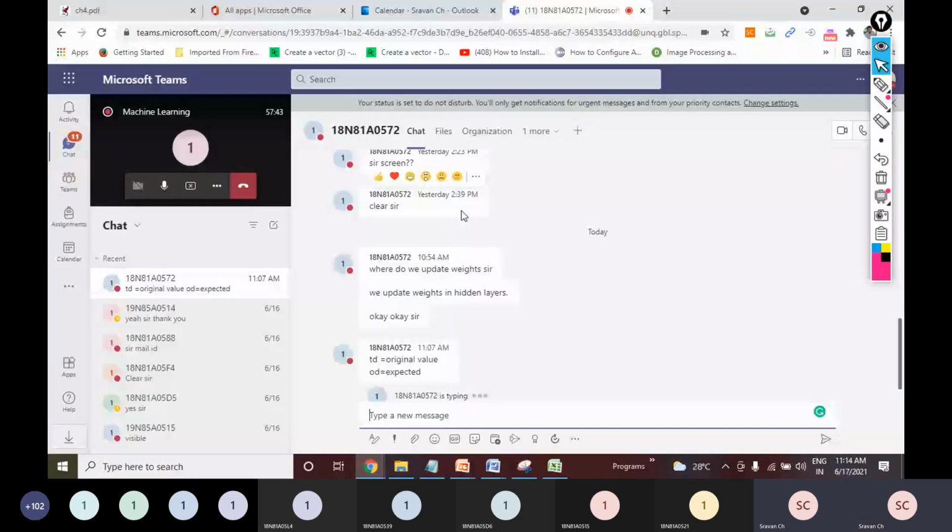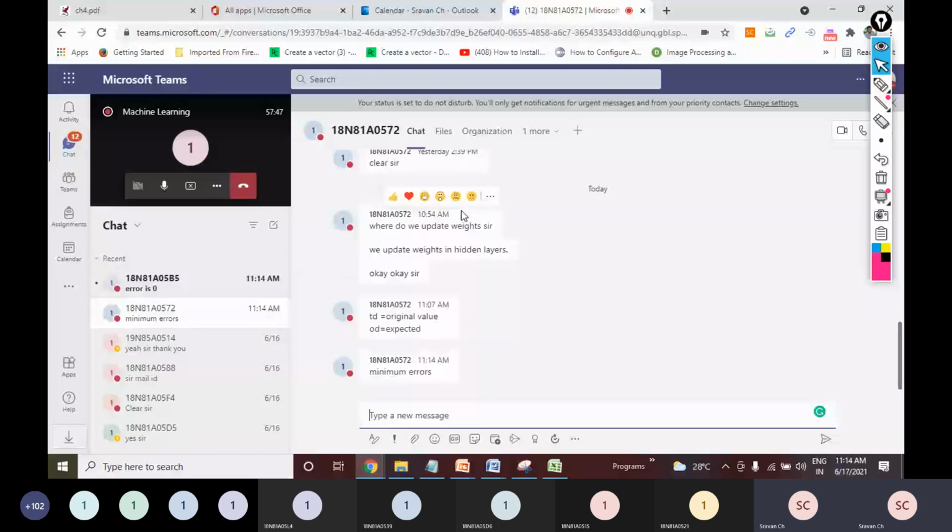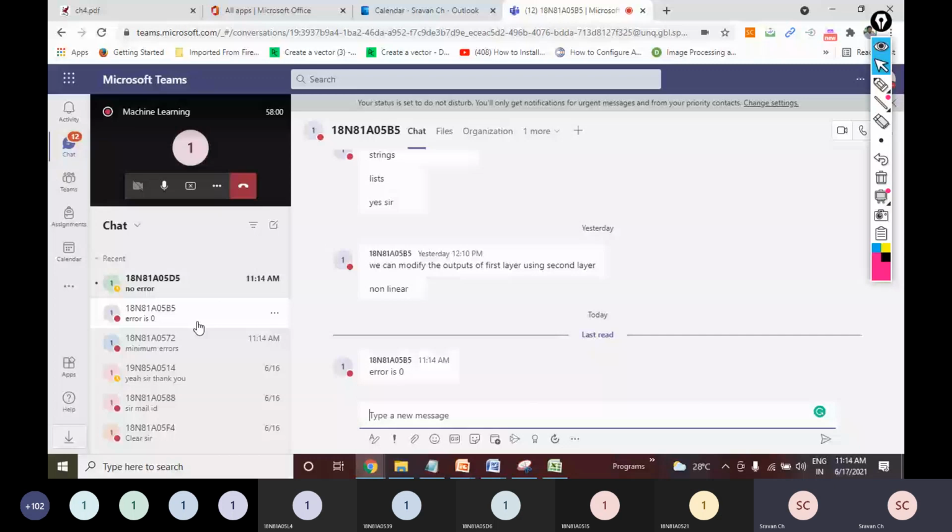Yes, we actually try for 0 error, which is called convergence. No error, or error is 0. We try for convergence. We may not get convergence, but close to 0. At a certain point, the cost will not be reduced further.